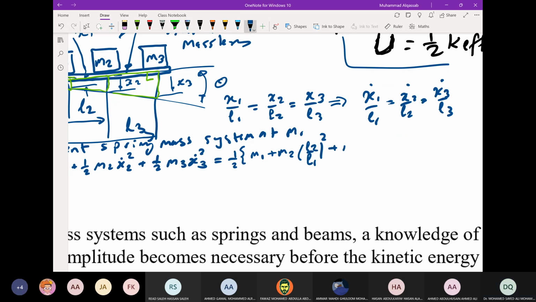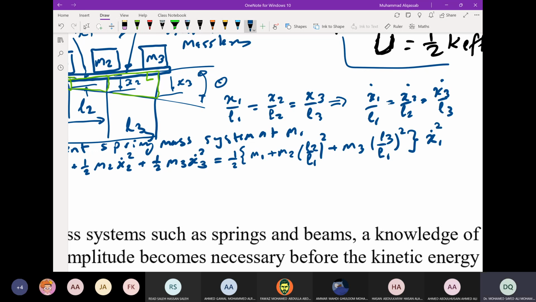Plus M3 times X3 dot, which is related to X1 dot: X3 dot equals L3 over L1 times X1 dot. We use this relationship to replace X3 dot, so it is L3 over L1 squared and X1 dot squared. X1 dot is common, so this will be outside the bracket.